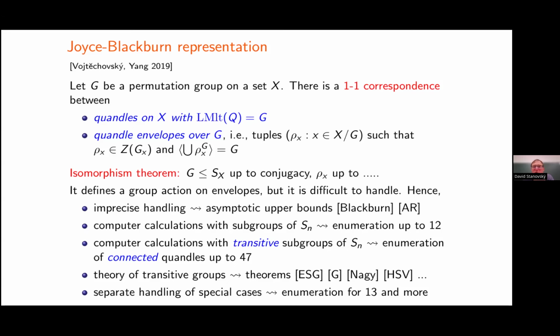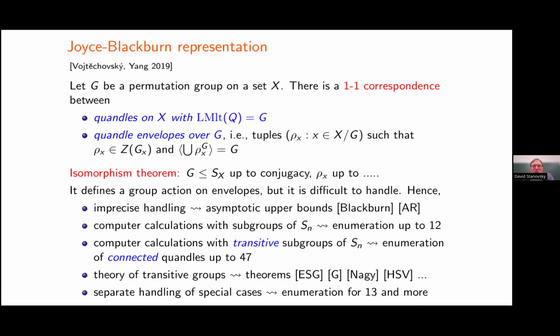If you have a transitive group and the conjugacy class of that element generates the whole group, so it's a certain configuration in transitive groups. So instead of running over all subgroups of Sn, you can just use the library of transitive groups. And again, GAP contains such a library up to degree 47. So that's the way we can get a classification of connected quandles up to order 47.